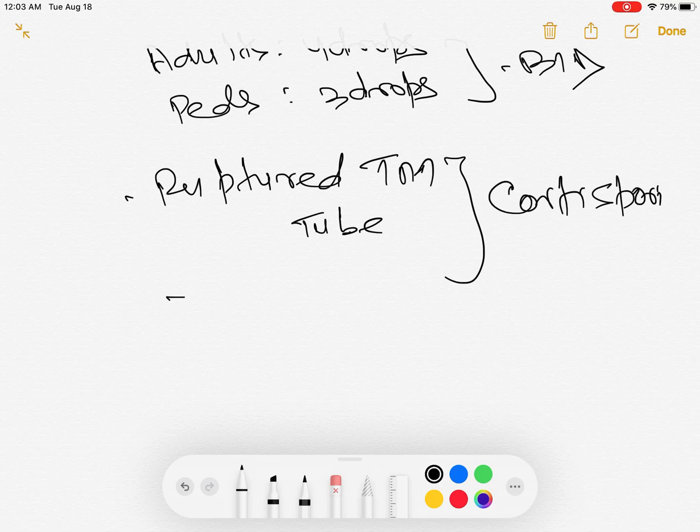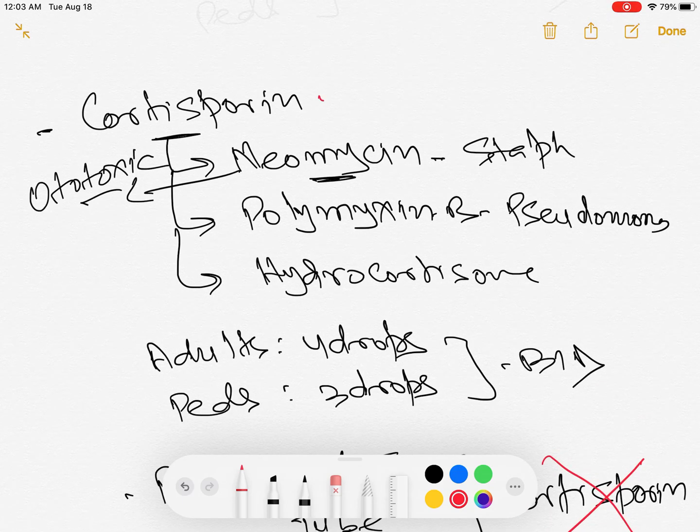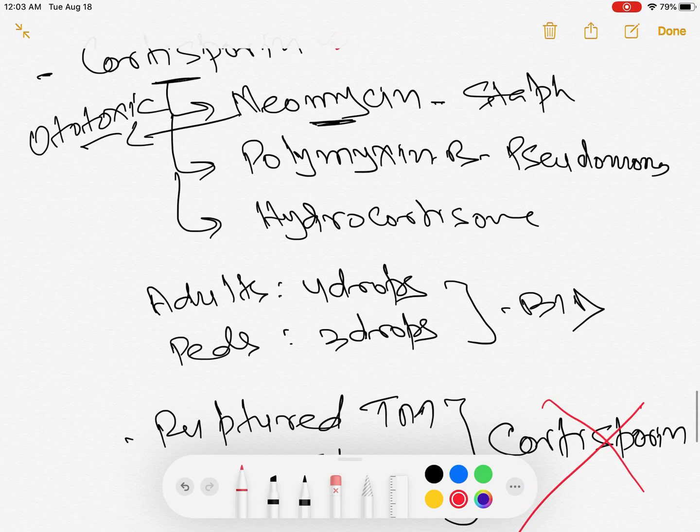Do not use Cortisporin because this is ototoxic. You will damage the ear. So the only time you will prescribe Cortisporin is when you know for a fact the tympanic membrane is intact. This is key here. Okay, well, that's why I usually don't prescribe Cortisporin.